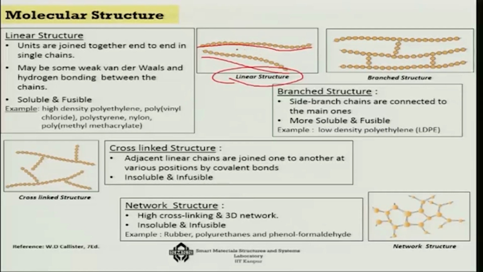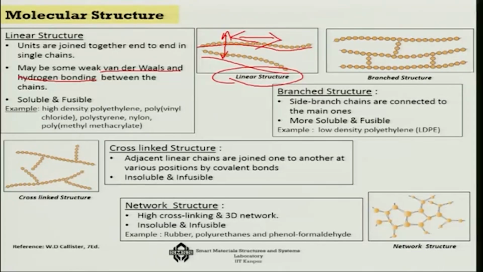Along their axis, because of covalent bonding, they are very, very strong, okay. But if you think of the transverse direction between the two, then there is not much of a bonding force there. This will be either very weak van der Waals bonding or hydrogen bonding kind of things.